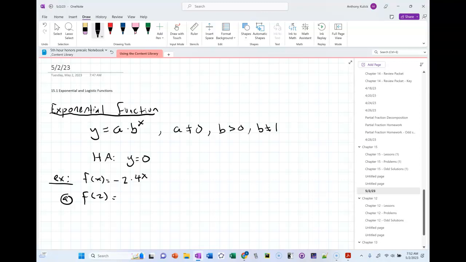So let's say our f of x is -2 times 4 to the x. Can I write that as -8 to the x? No, why not? Well, remember, to multiply two numbers together, one of two things has to be true. If they have the same exponent, you can multiply the bases together and keep the exponent the same.